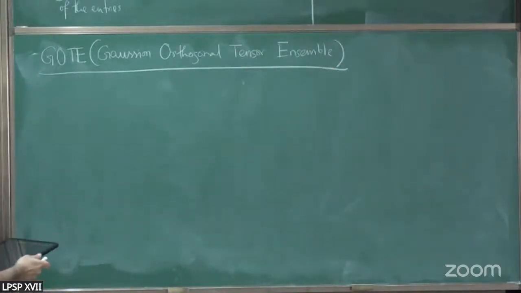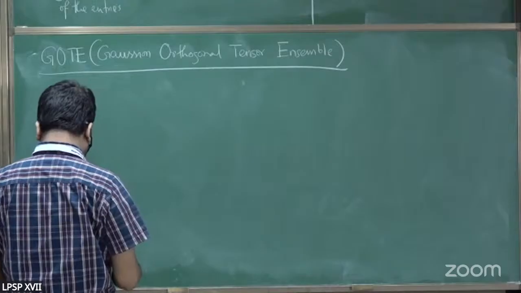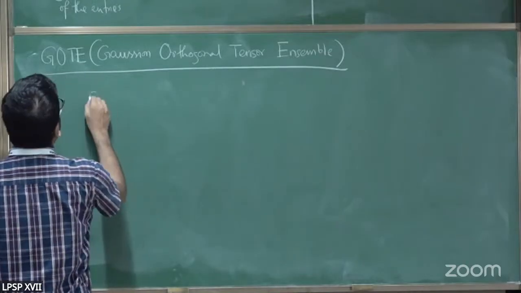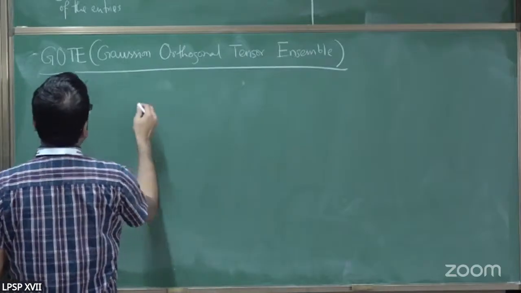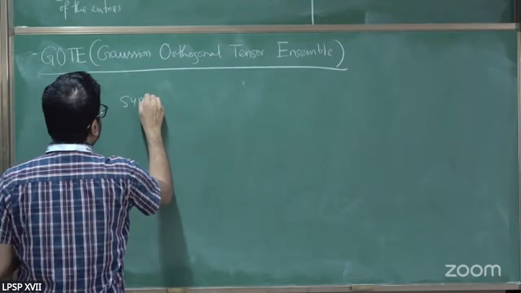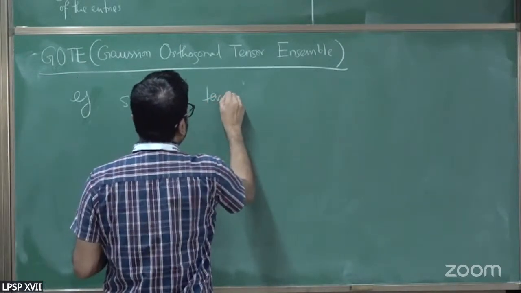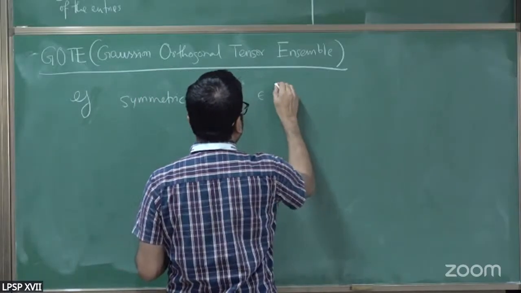Again, I'll just define the joint density. The joint density is given by, so let G be a real symmetric tensor.